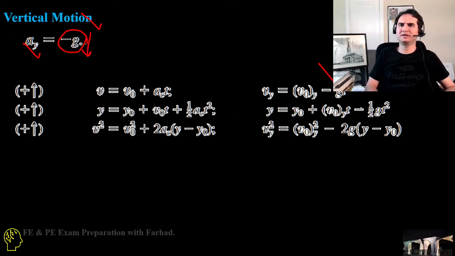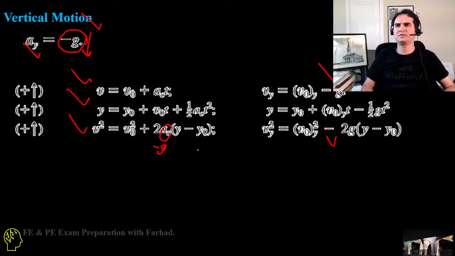So that's a negative half of g t squared, and then replace a with negative g. So that gives you vy squared equals v naught y squared minus 2 times g times (y minus y naught). That's the equation of velocity, displacement, and also one based off of acceleration.